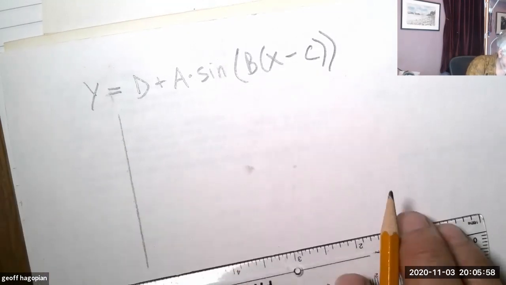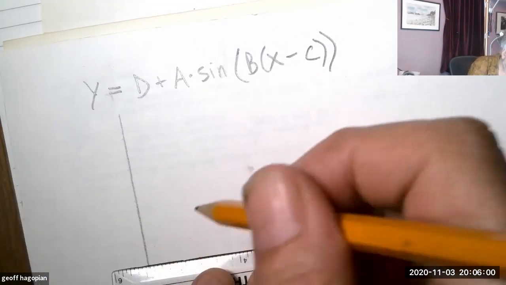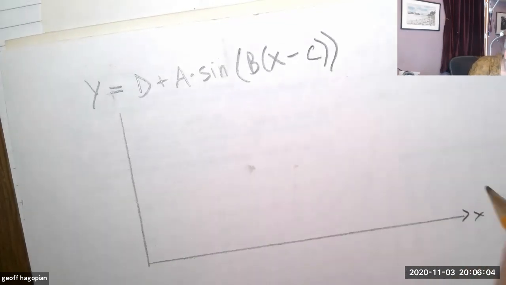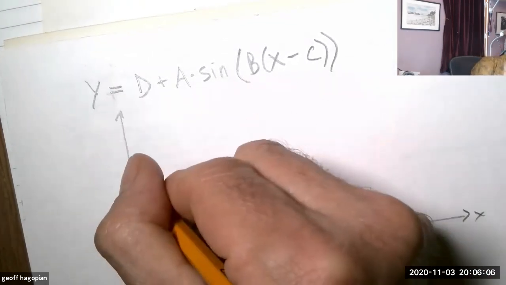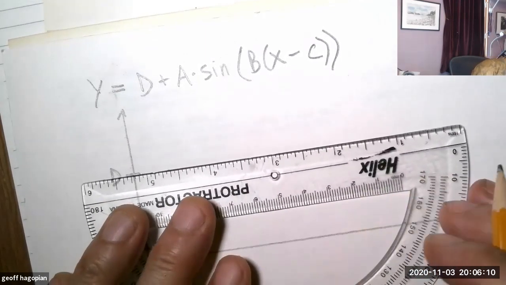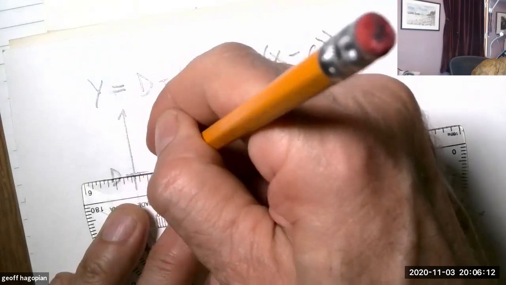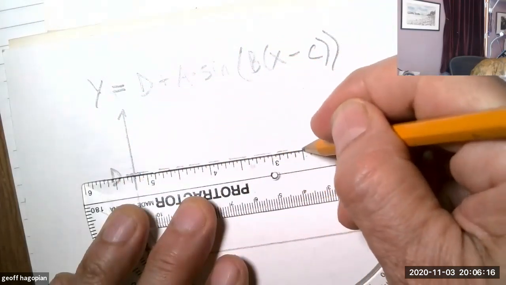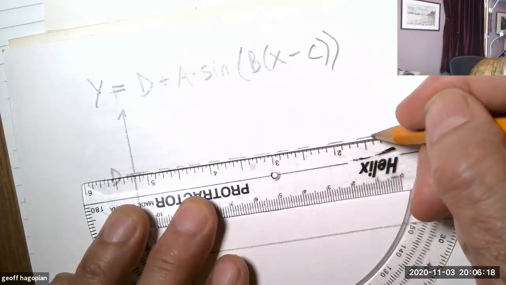So let me see if I can sort of fake something that looks like that, right? I don't know. This is really faking. So let's say that D is here. It's a positive Y value, and that's going to be our line of equilibrium. So I'm going to draw that as kind of a dashed line. We're oscillating around this line, right? With amplitude what? A, right?